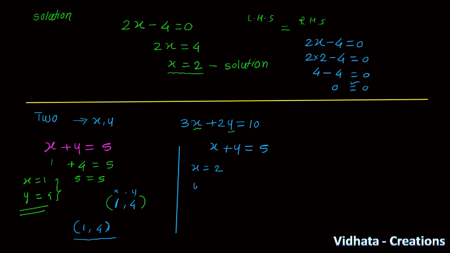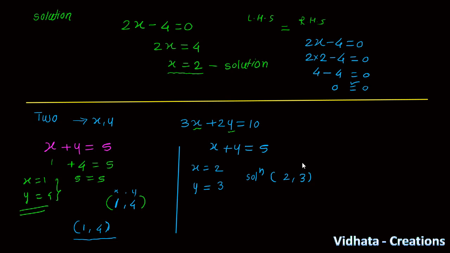To satisfy the given equation, y must be 3, so that their addition will be 5, and the solution of this equation will be (2, 3).